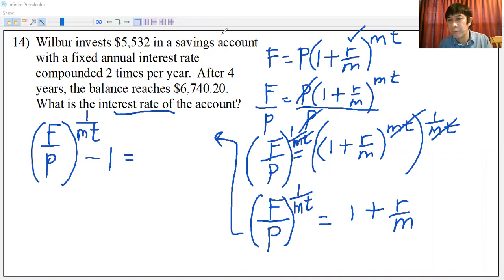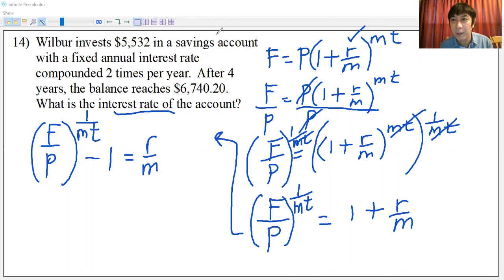We subtract 1 from both sides. This 1 will disappear, and so the right side will just be R over M. We're almost done deriving the formula.